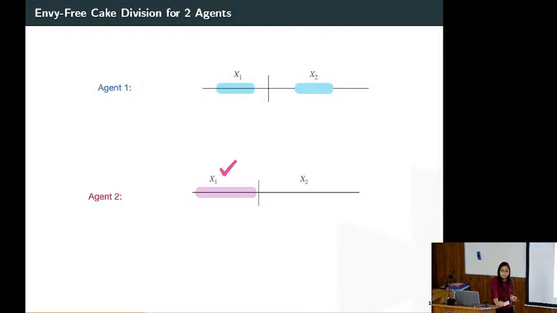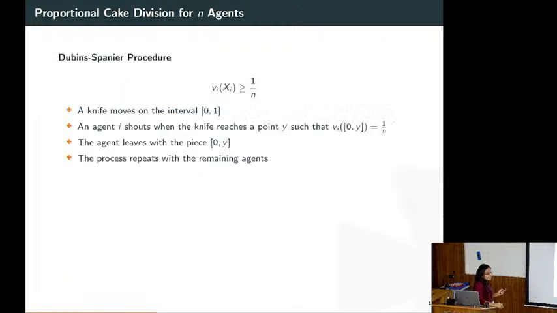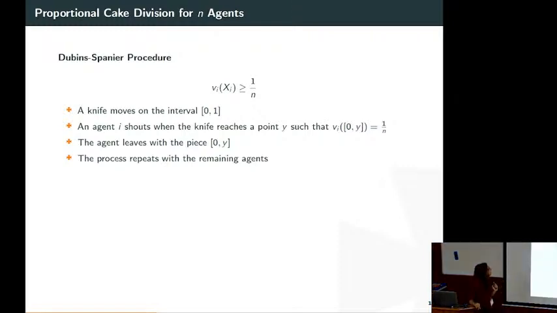Okay. So if we have some understanding of this n equal to 2 envy-freeness and proportional division, let's see what we can do about n agents, right? We are going from 2 to n agents, and what we want is a proportional division of the cake. This is a procedure that was again proposed in the early 1960s.